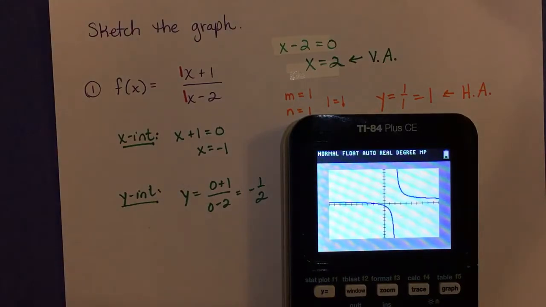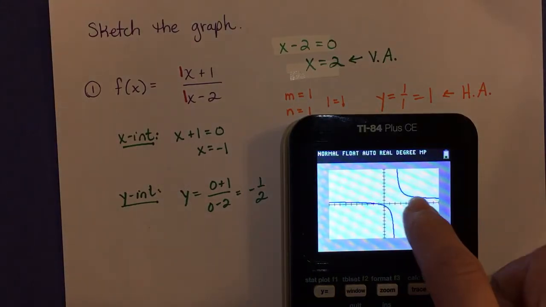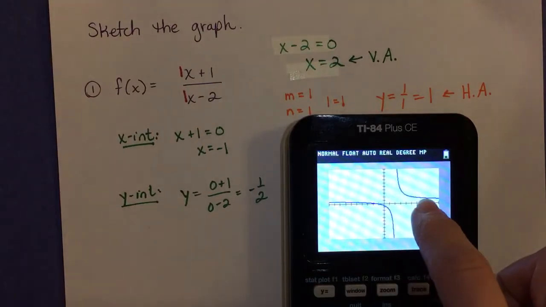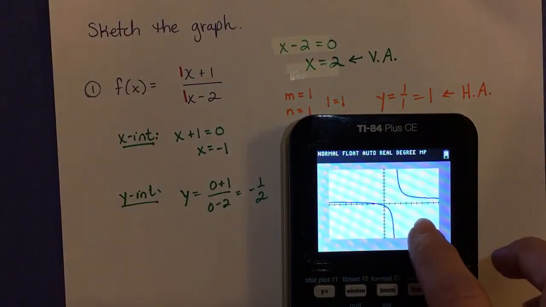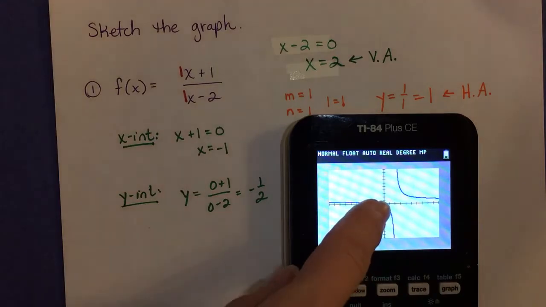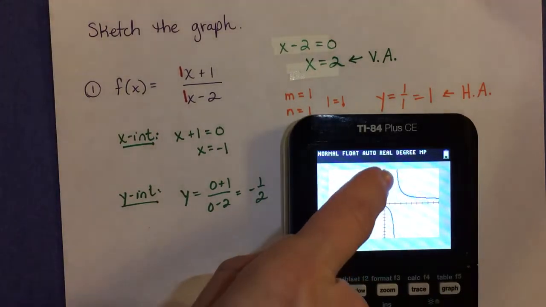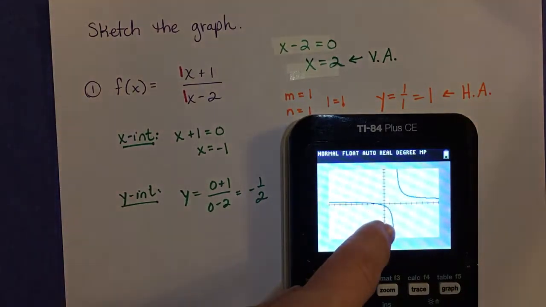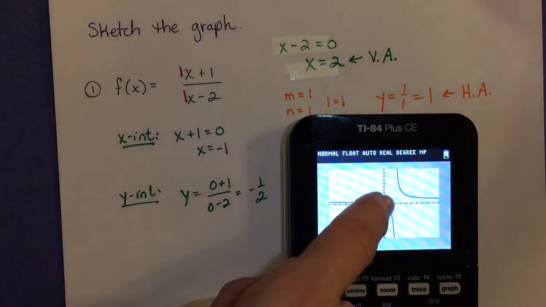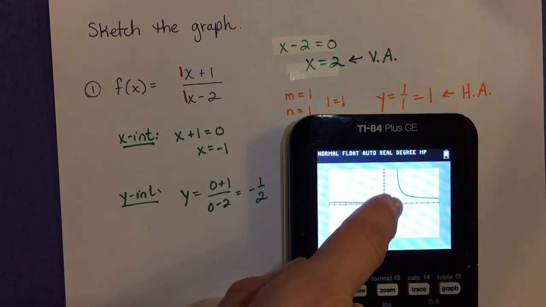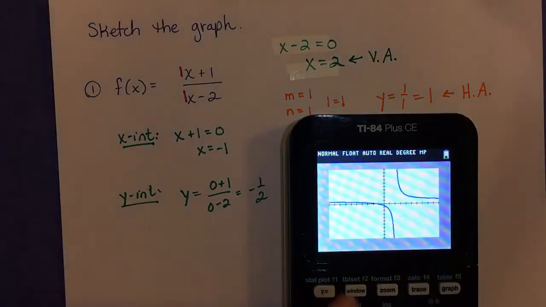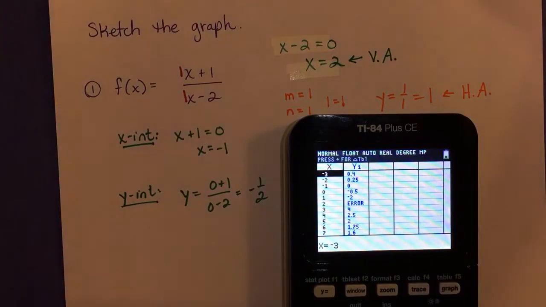So what you'll need to do is, on your table, we need to get another point over here. Your vertical asymptote's at +2. Of course your calculator is not going to draw these asymptotes, but it'll be located here at +2. So we need, in our table, to at least look for values like -3, -4, -5, and on the other side, 3, 4, 2.5, 5, 2.